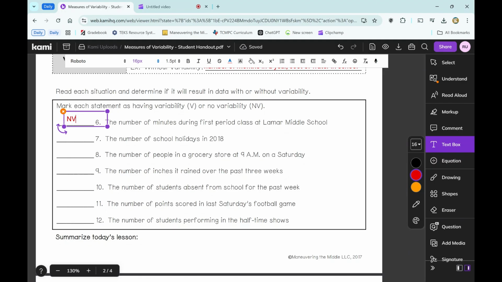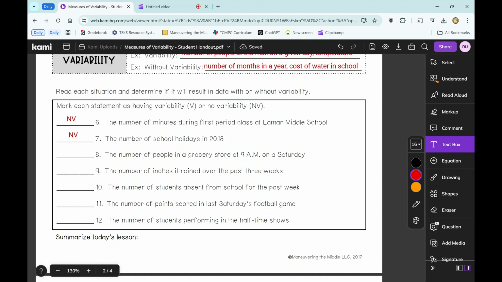The number of school holidays in 2018. Are the number of school holidays going to change very often? No. And especially not the school holidays in 2018, because that was just 1 year. So there's not a lot of variability. Next, the number of people in a grocery store at 9 a.m. on a Saturday.